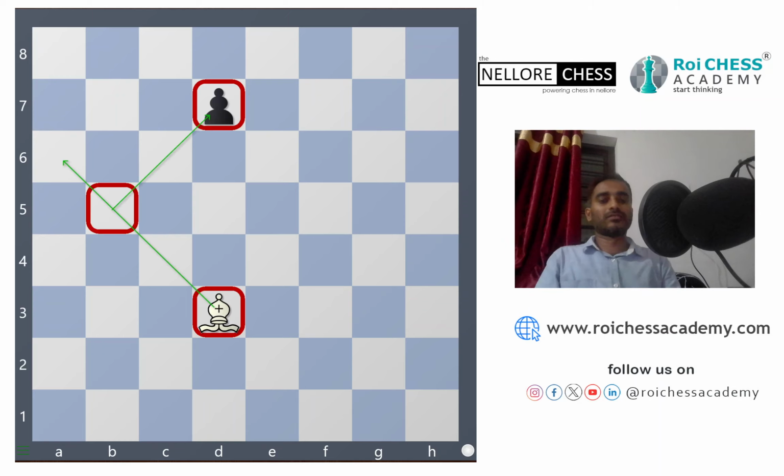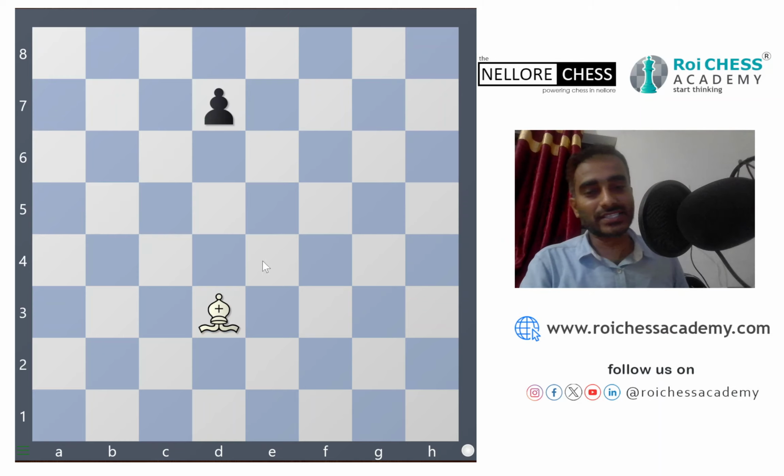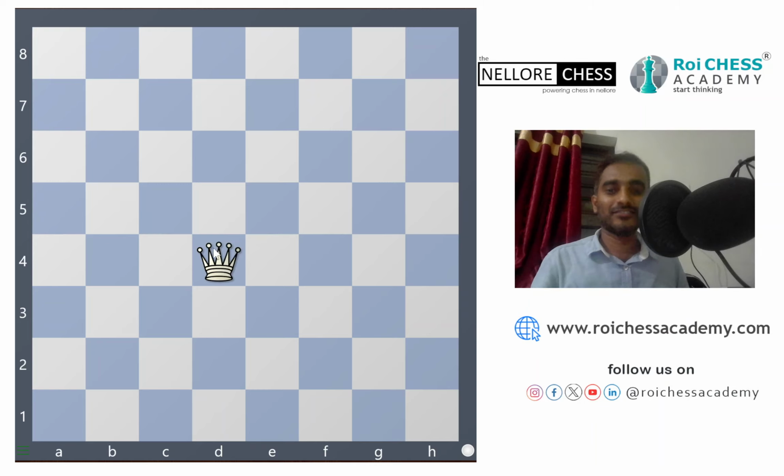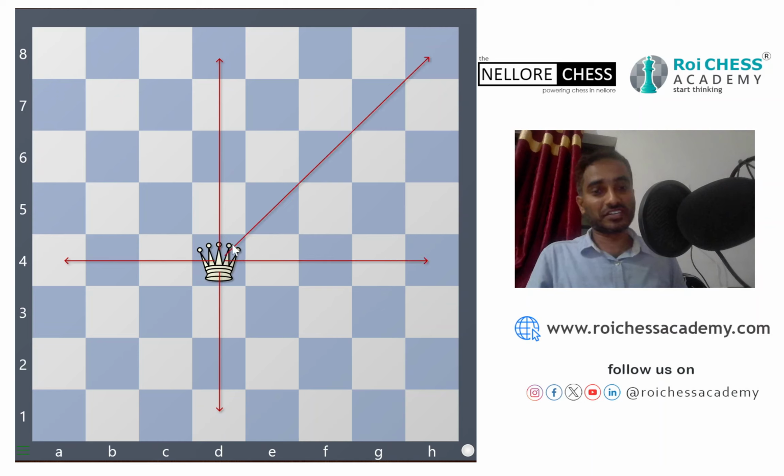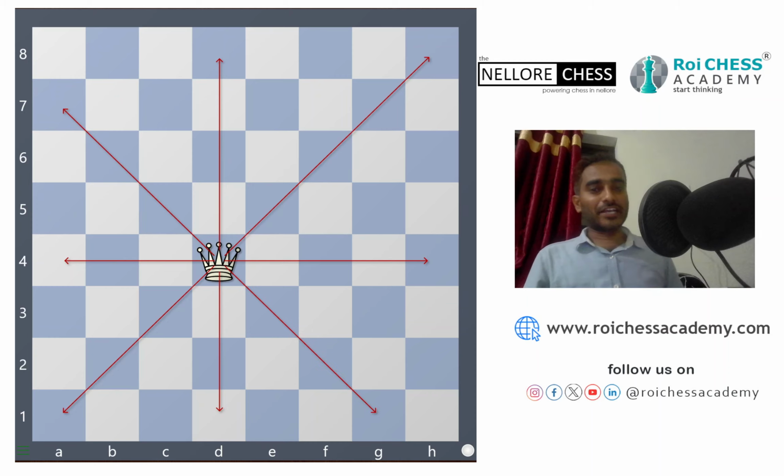Understand? So now let's see about the piece queen. Very, very powerful piece in chess. The queen moves in standing direction, sleeping direction, and also diagonal direction, like a combination of rook and bishop.